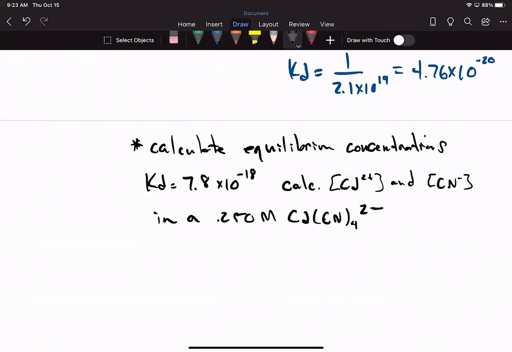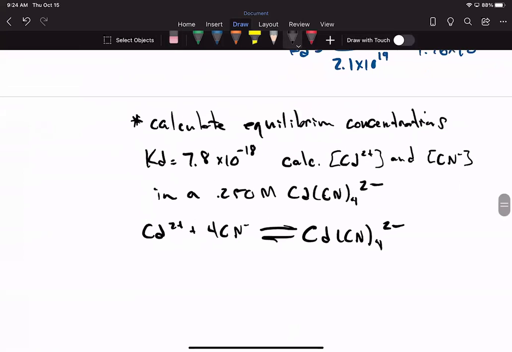I'm given the KD, so here's my reaction, because I'm given the KD here, not the KF.